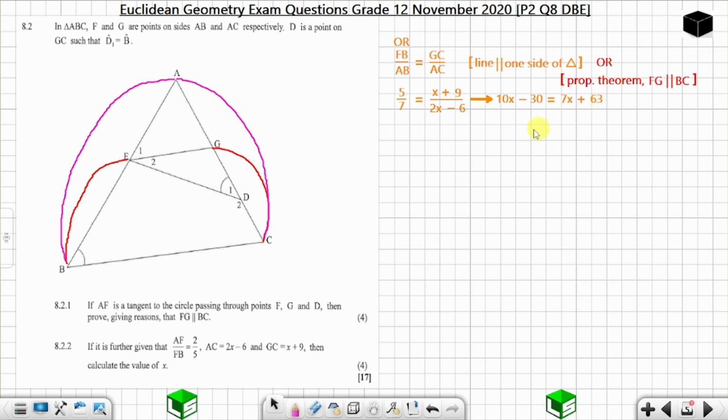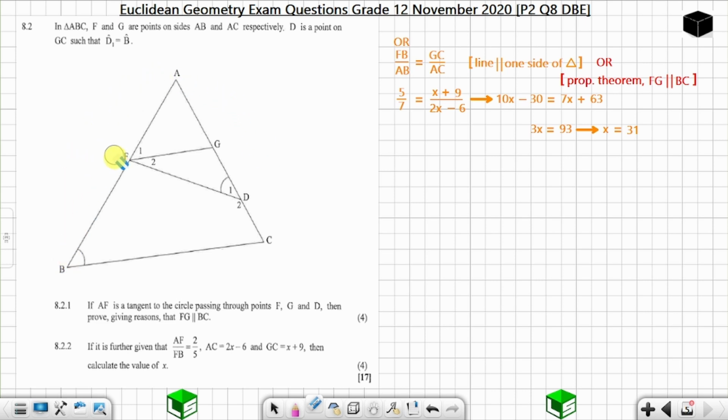Now you have 10x minus 7x, which is 3x, equal to 63 plus 30, which is 93. So x is equal to 31 again. Okay, so we are done with question 8 from November 2020 from DBE.